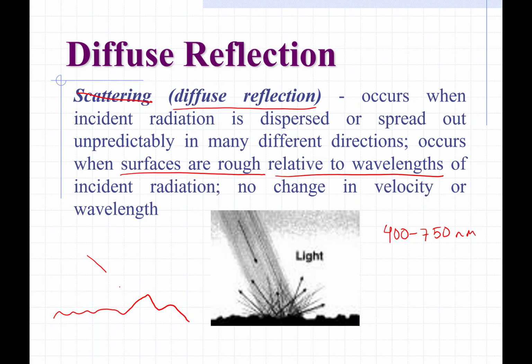It's just that because the surface is so rough, in slightly different places we'll get very different angles of incidence and angles of reflection. So it kind of goes in all directions.